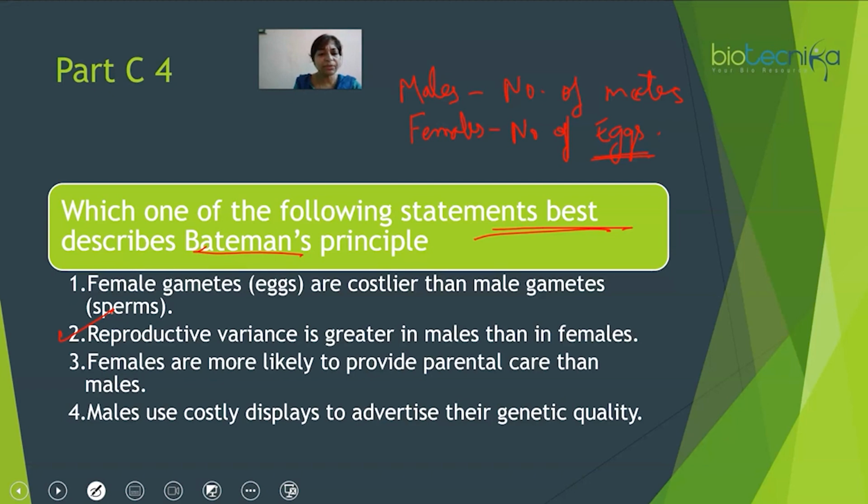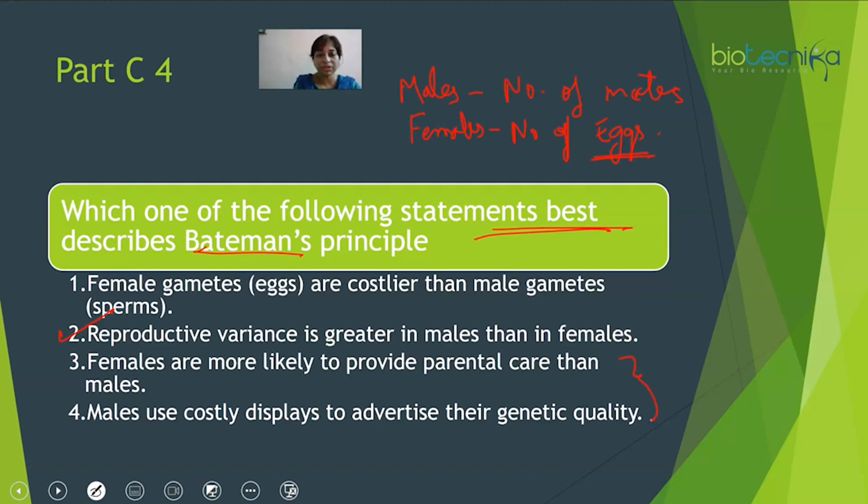Statement 3 says that females are more likely to provide parental care than males. The fourth says that males use costly displays to advertise their genetic quality. Now, all the statements are correct, but they are not about Bateman's principle.